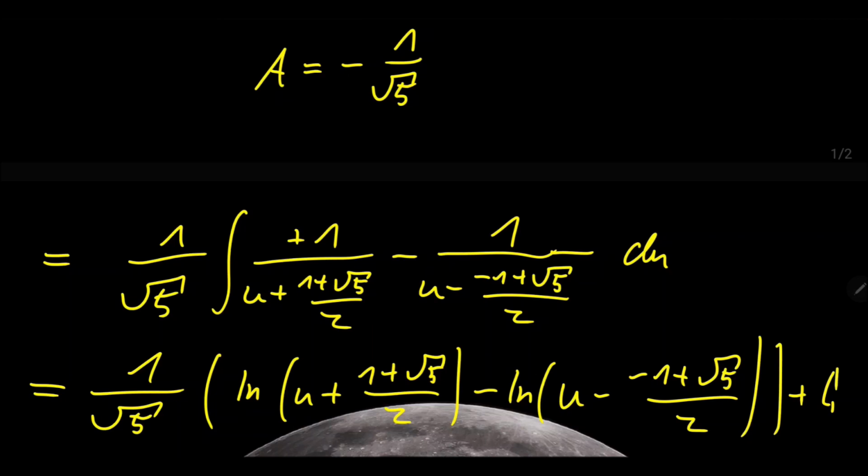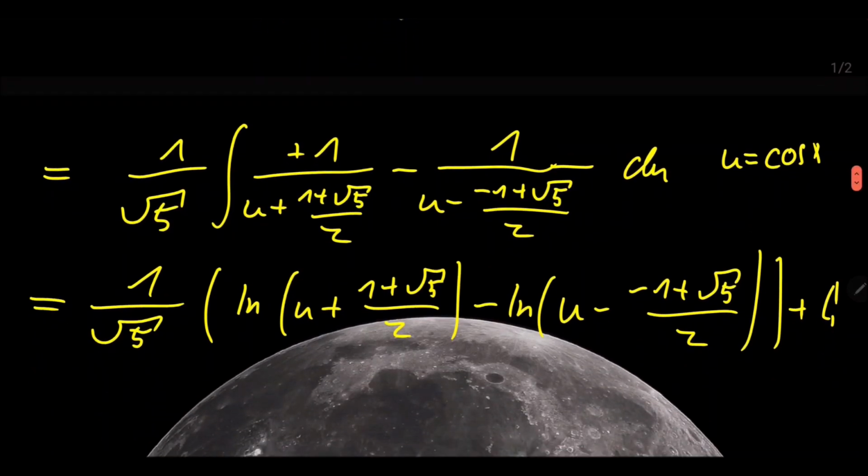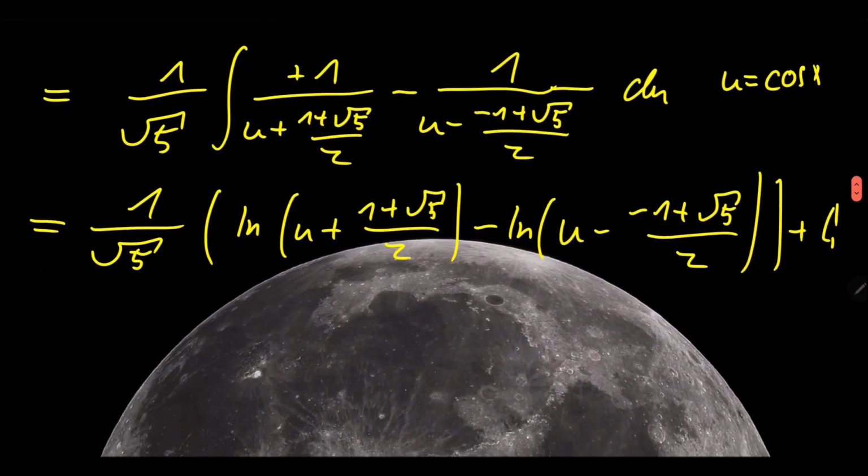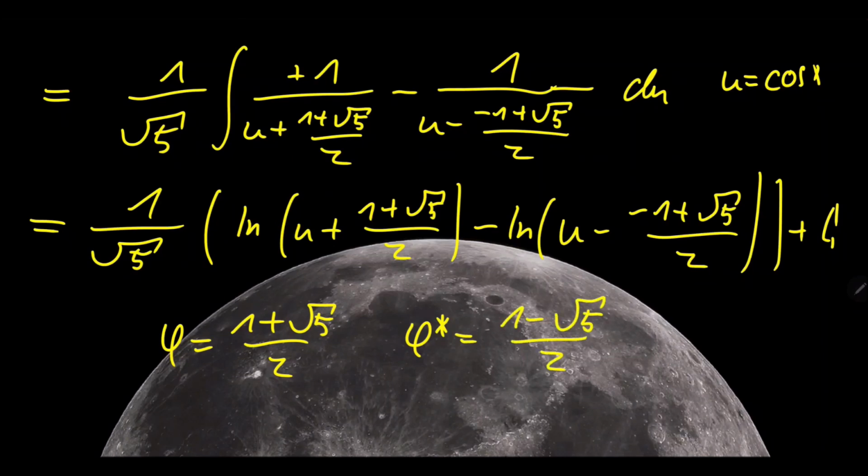But now recall that u is the same as cosine of x. And furthermore, we want to notice that the golden ratio is defined as 1 plus the square root of 5 over 2, and its conjugate is defined as 1 minus the square root of 5 over 2.